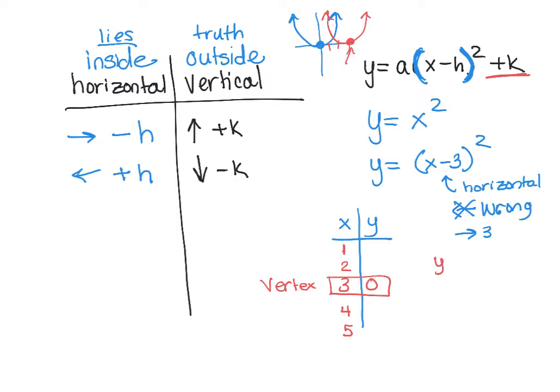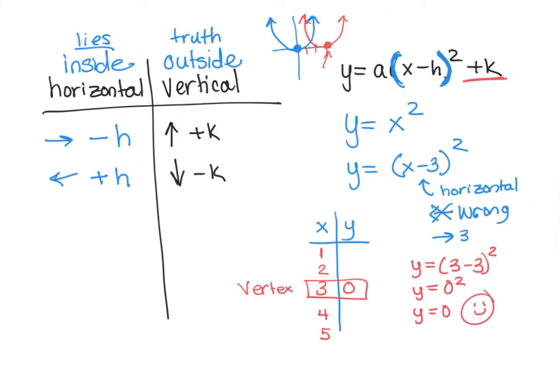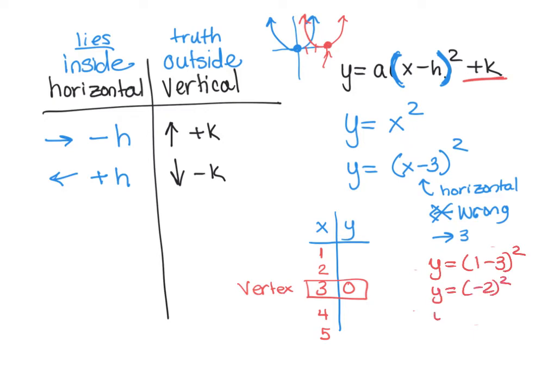If I substitute 3 in for my x, do I get 0? I sure do. Okay, so let's try the number 1 and substitute it in and see what happens. If I substitute the number 1 in for my x, 1 minus 3 is a negative 2.